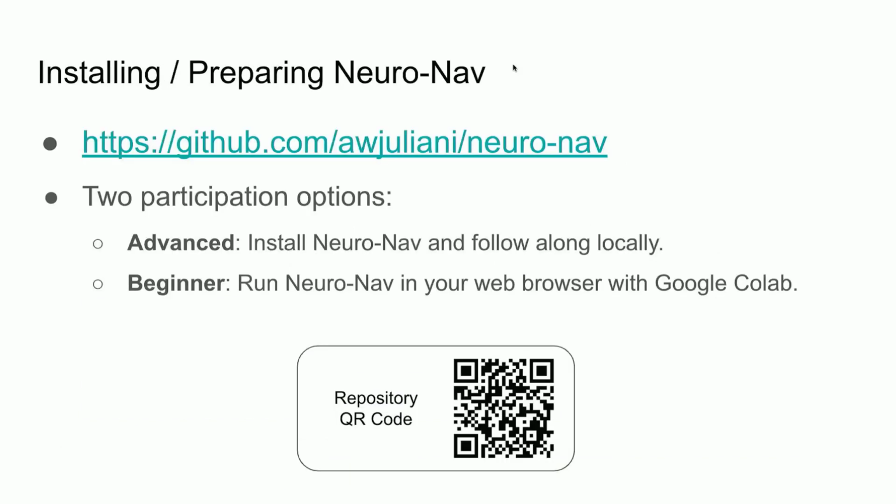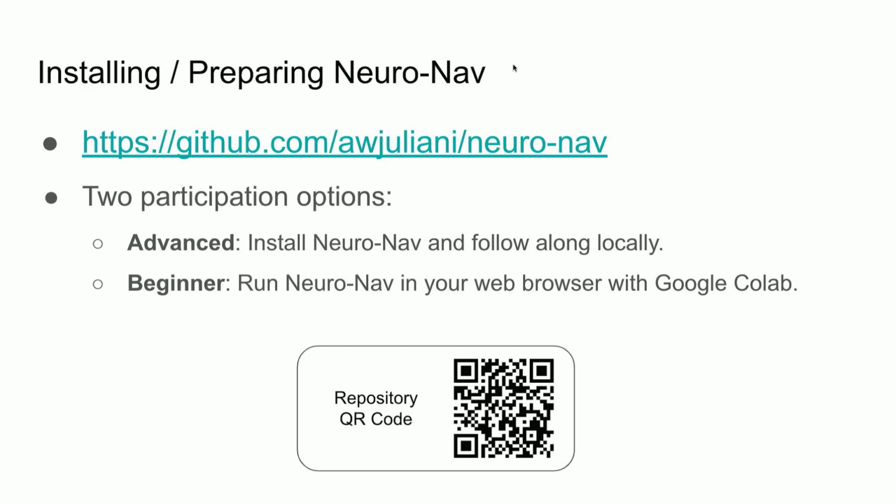Okay, so now the really relevant thing, which is where does this project actually live? This is the link to it. We have here a nice QR code to pull it up. And like I said, we have these two kinds of interactive options. Yes? On the CCN website. Yes, it's also on the CCN website.